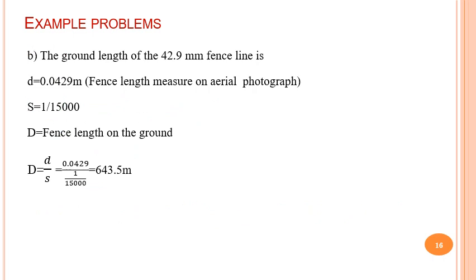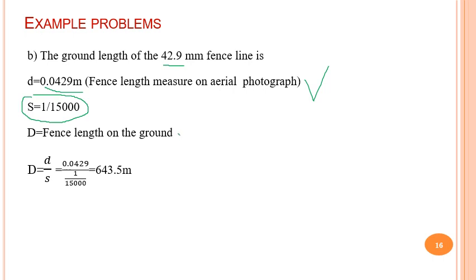Now the ground length of the 42.9 mm fence line: small d is equal to 0.0429 meter, the fence length measured on the aerial photograph. Then S is equal to 1 divided by 15,000, or 1:15,000, the scale obtained in the previous solution.